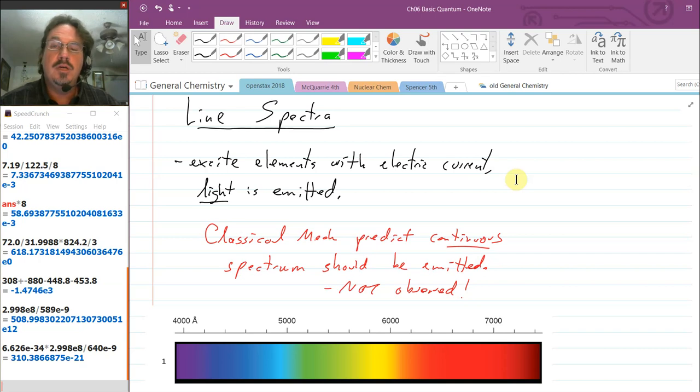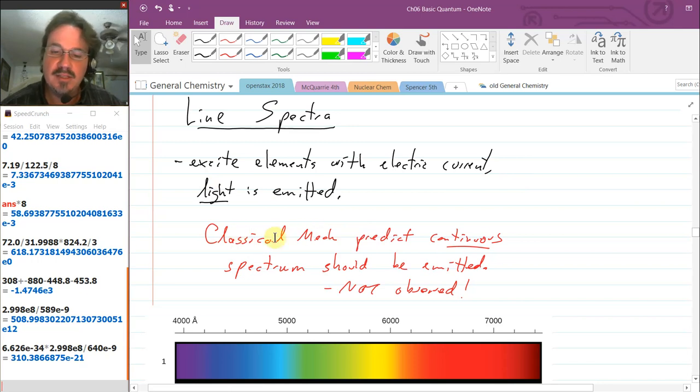So if you look at light emitted by hydrogen, or pure helium, or pure krypton, they're going to have a different color because they're emitting very different but very precise, thin bands of wavelengths. Now, classical mechanics doesn't predict that.